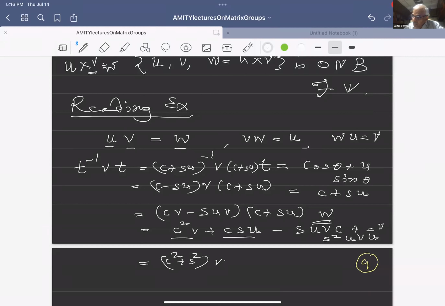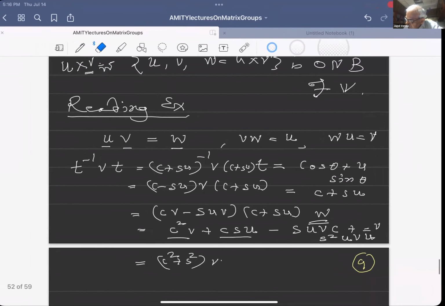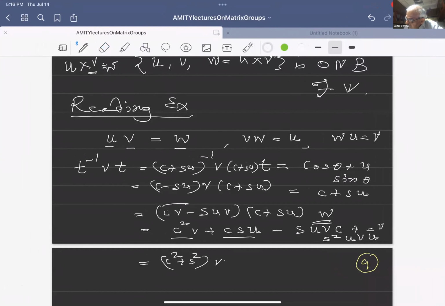CSUV. I multiplied CV with SU, so that is CSVU. So what was VU?